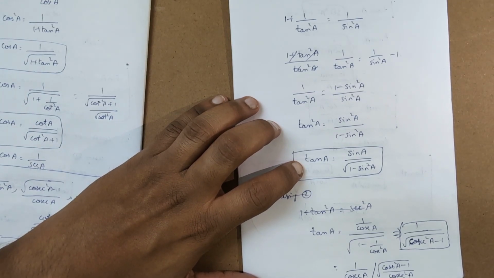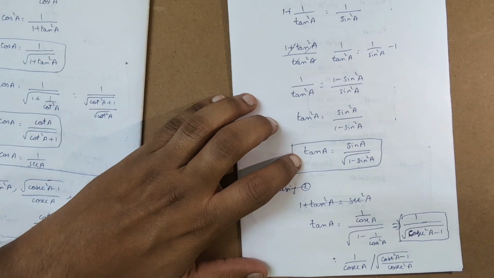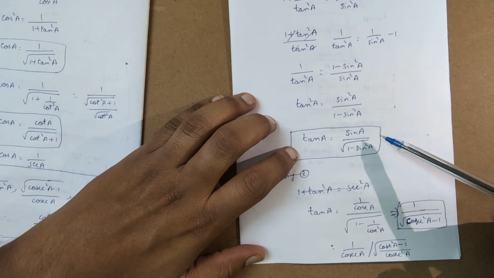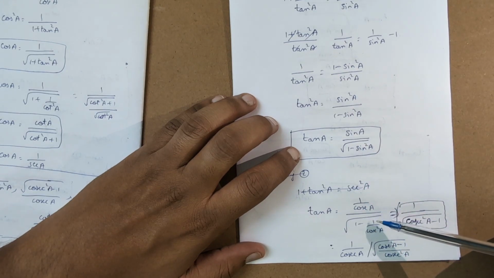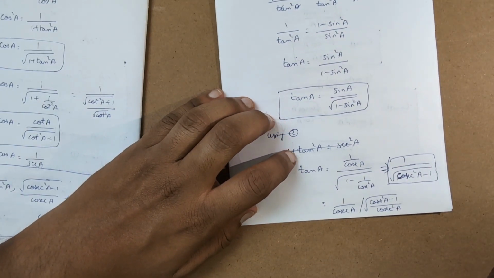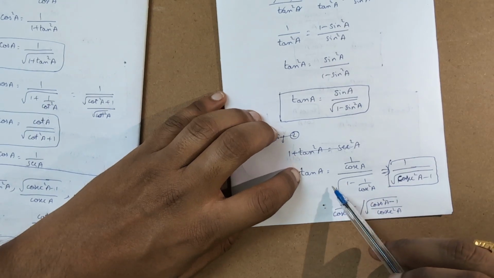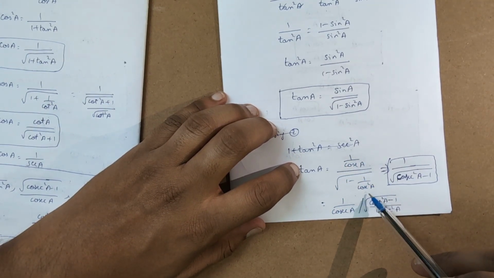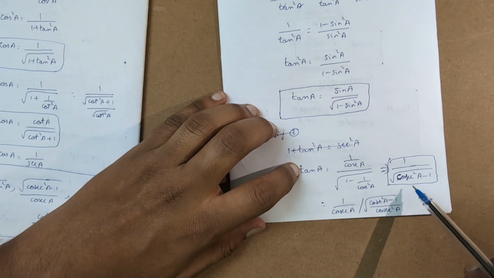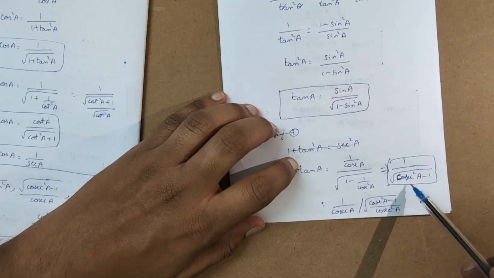The second is, I can simply say that for cosecant A, how am I defining. So sin A we already know. So simply I can use sin A here and change it to 1 by cosecant. Then finally the answer will become tan A equal to 1 by cosecant A by root of 1 minus 1 by cosecant square A, which is equal to 1 by root of cosecant square A minus 1.